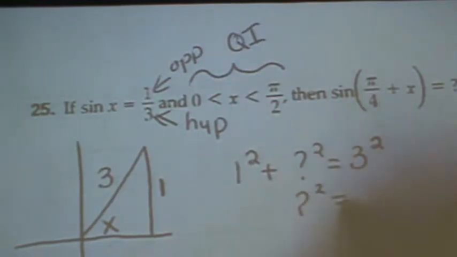So we could use the Pythagorean theorem to figure out what that other side is. How do we do that? 1 squared plus something squared is equal to 3 squared. So something squared is equal to 9 minus 1.